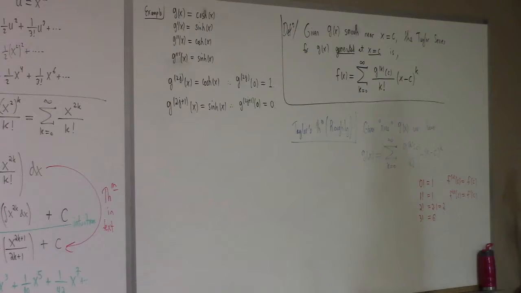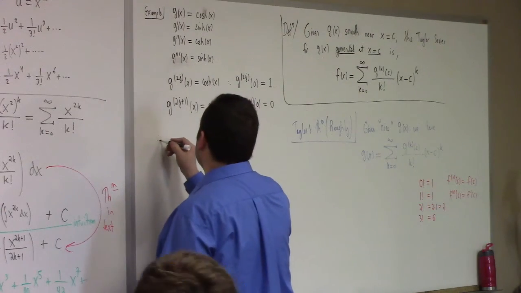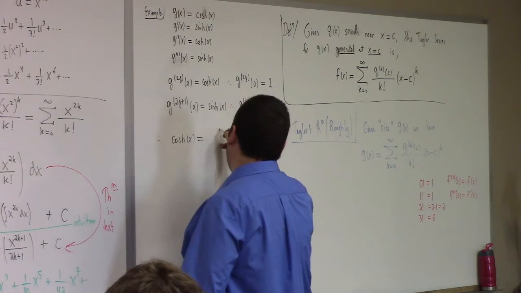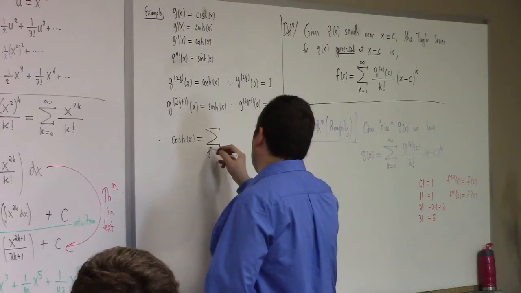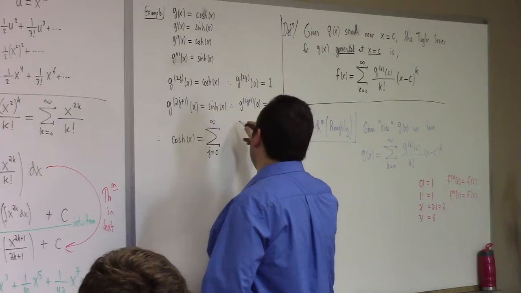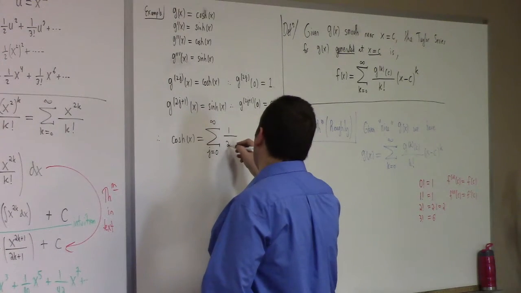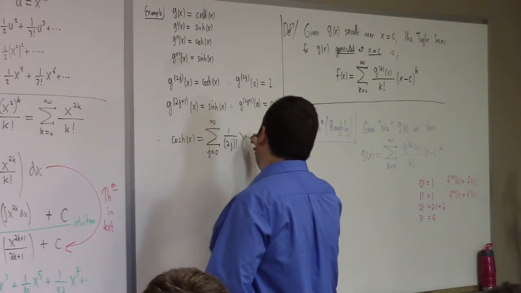So what's the Maclaurin series then? How about this? The sum, j equals 0 to infinity, of 1 over (2j) factorial, x to the 2j.